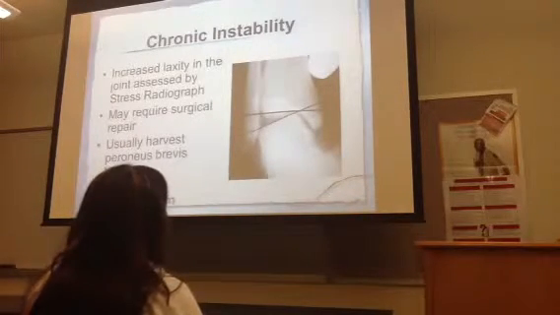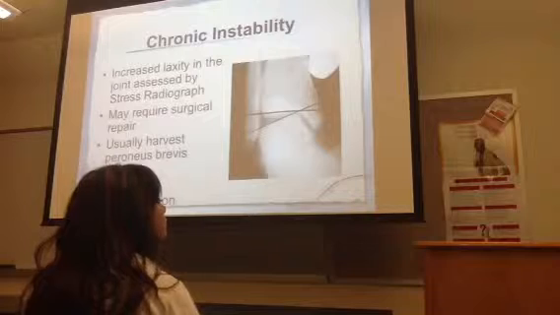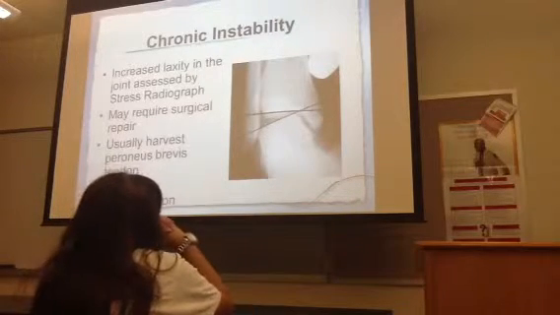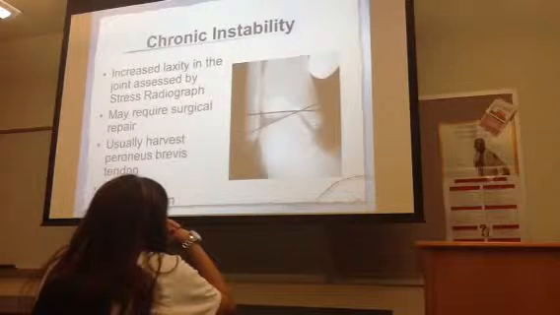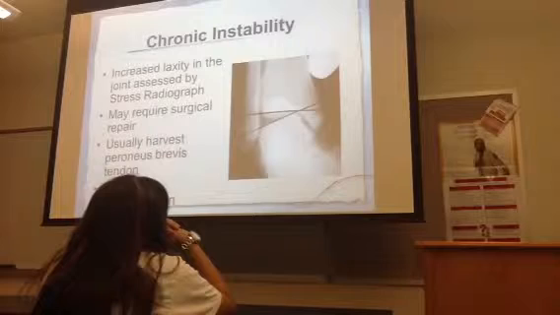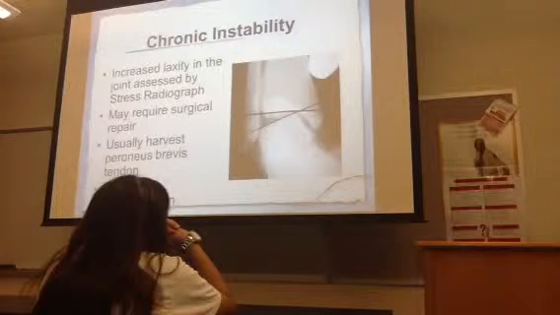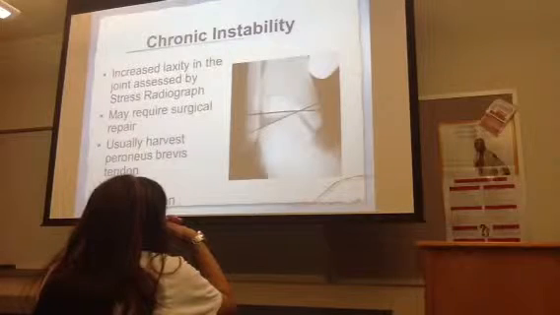Chronic instability: increased laxity in the joint, usually due to a number of recurring ankle sprains. It can involve the peroneus brevis tendon, and it could require surgical repair. I've never had an athlete where they've had to do this, but have you, Reed?